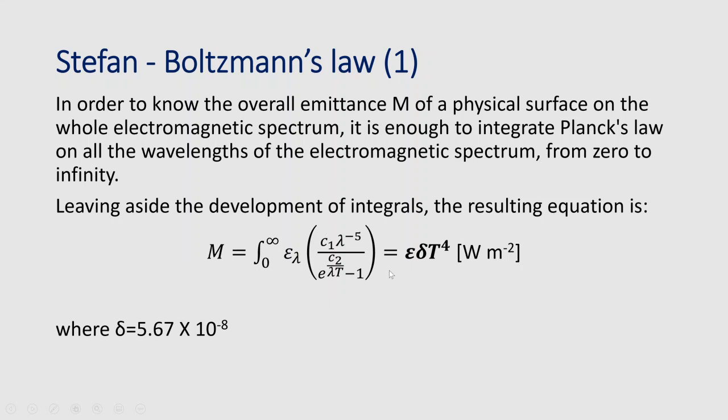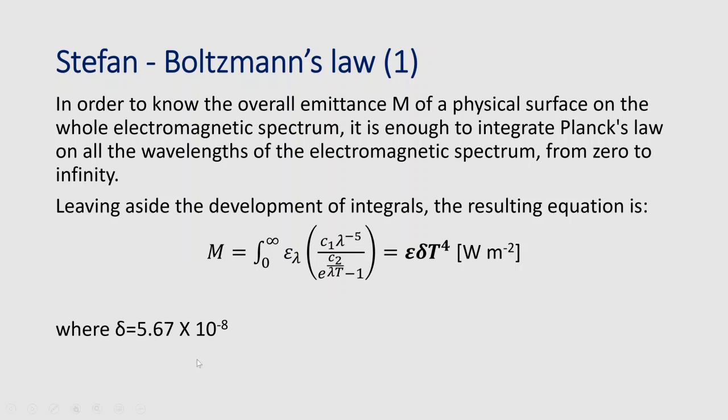Of course, if we are calculating a black body, epsilon will be equal to 1. For all the other cases where epsilon is less than 1, we are calculating the total emission in the whole electromagnetic spectrum for a gray body.